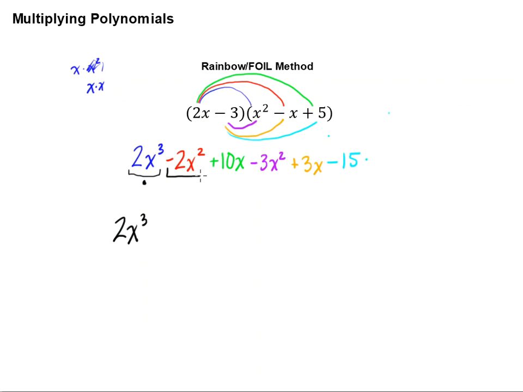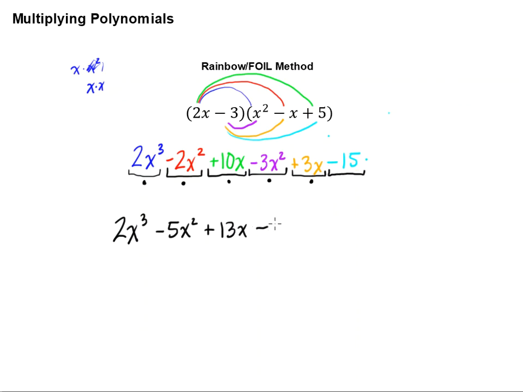Okay, negative 2x squared and negative 3x squared. They both have x squareds. Negative 2 minus 3 is negative 5x squared. Okay, I've taken care of that one. Now we have x's, so positive 10x plus 3x, that's positive 13x, so I've taken care of those two. And last but not least, we have our negative 15.